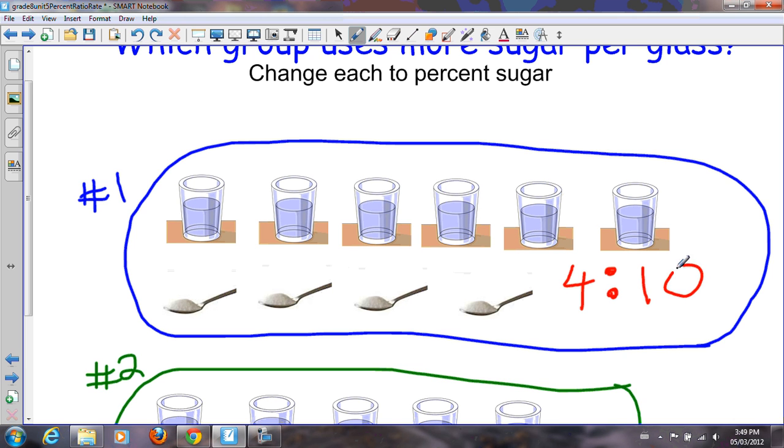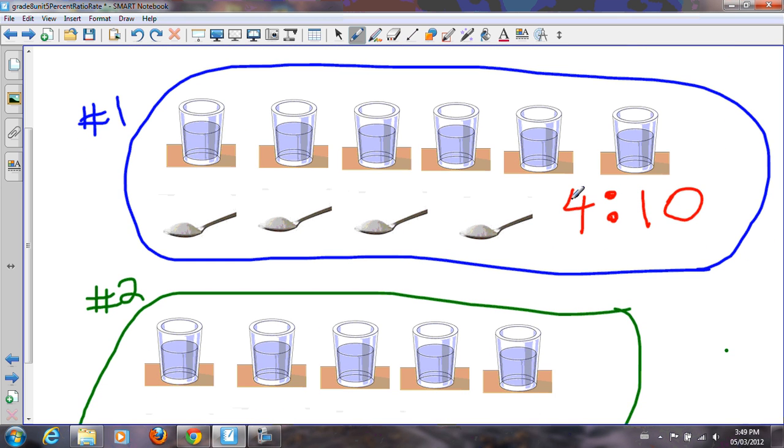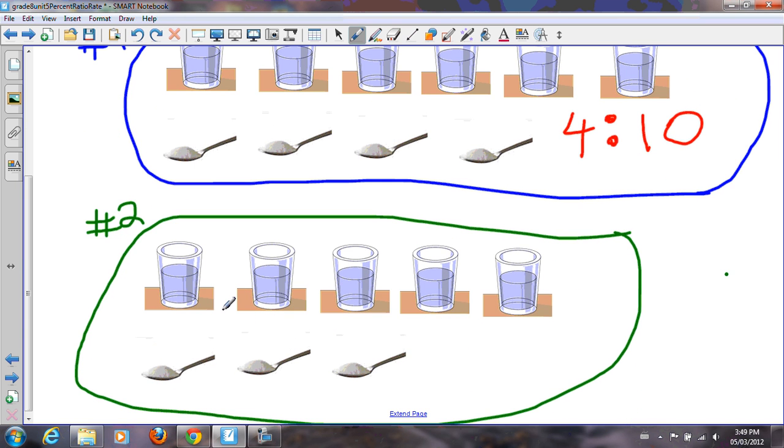So we've got 4 to 10 sugar to water. Now if we look at this one down here, part to the whole thing, we've got 3 sugar compared to 1, 2, 3, 4, 5, 6, 7, 8 for the whole thing.